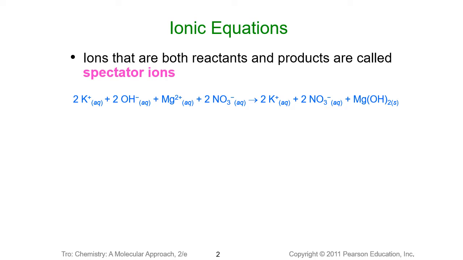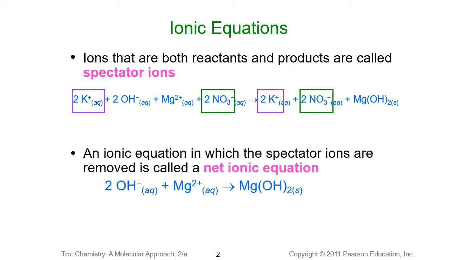It's the potassium and the nitrate. They are present on both sides of the chemical reaction. So these would be the spectator ions. They're not participating in the chemical reaction, but they are present.